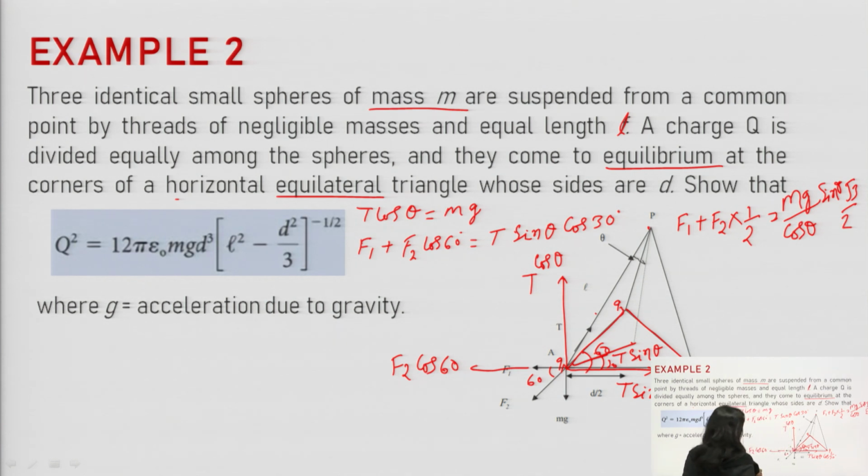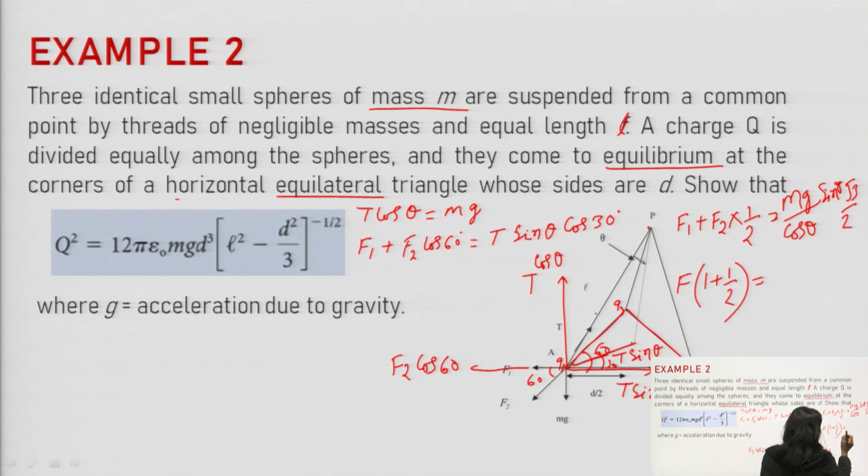Now to simplify this, we will know that F1 and F2 both are the same, because everywhere the charges are the same. So we will call it F and take it common, then it will be 1 plus 1 by 2.